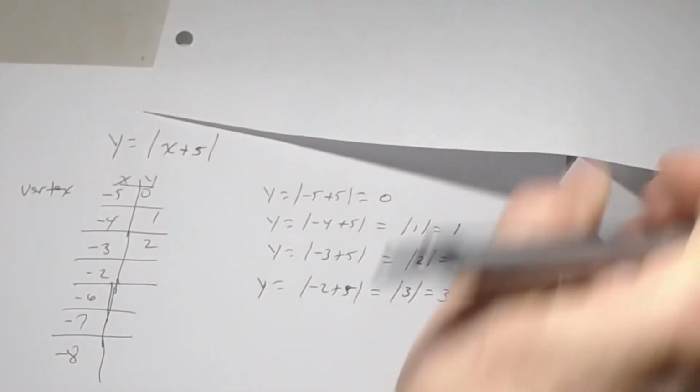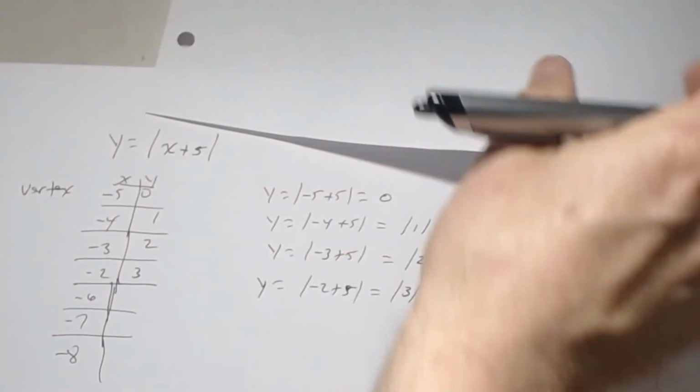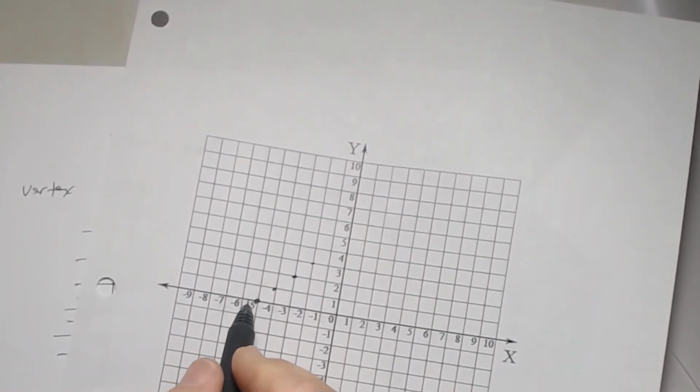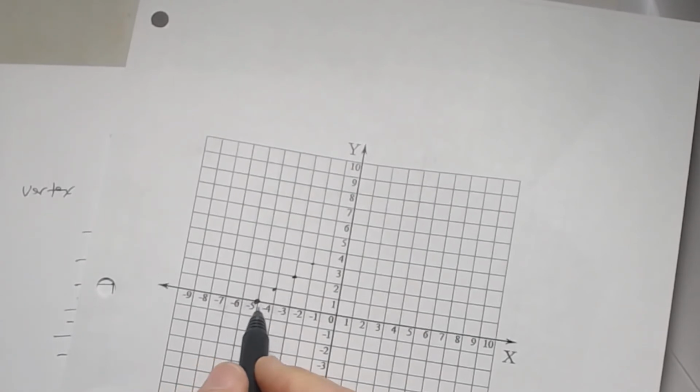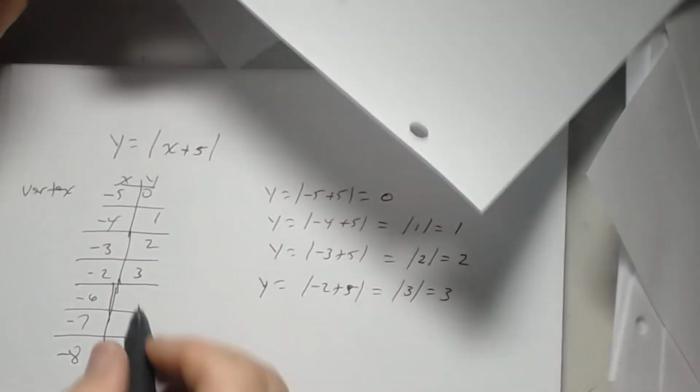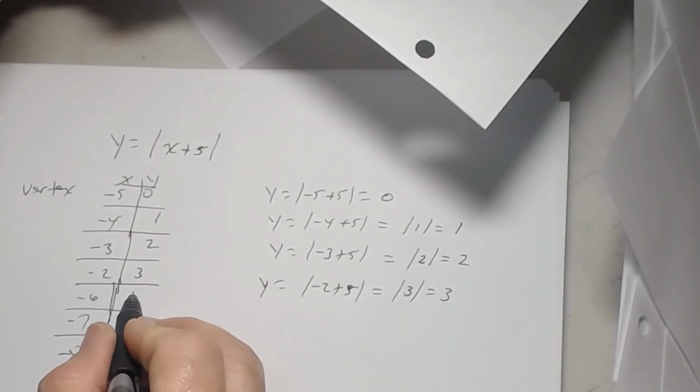which is +3. And then look, use the idea of symmetry. Use the idea of symmetry. So for -6, see when I went 1 unit to the right of that vertex, what was my y value? 1. So if I go 1 unit to the left, my y value still has to be what? 1. So you know right away that when x is -6, my y value is 1.